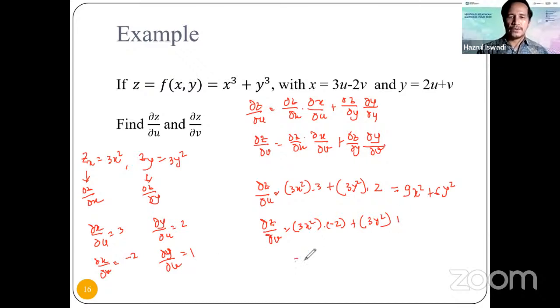So the answer of this example is minus 6x² plus 3y². Okay, this is the answer of the example.